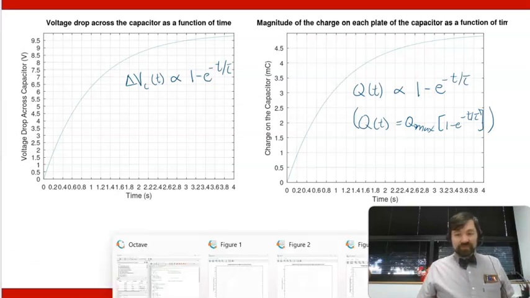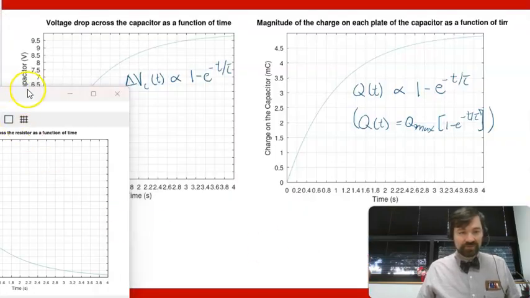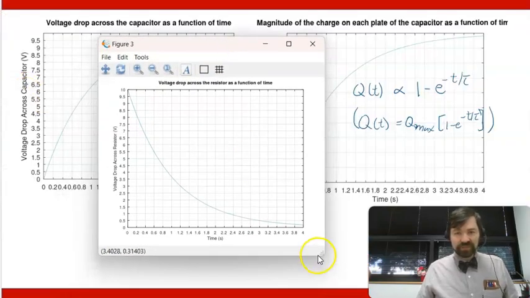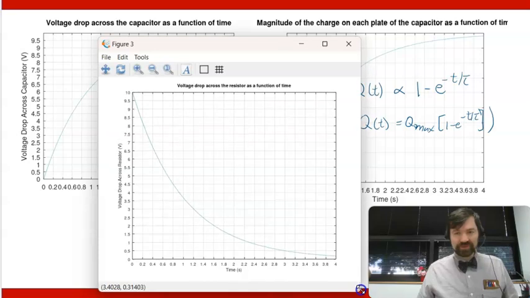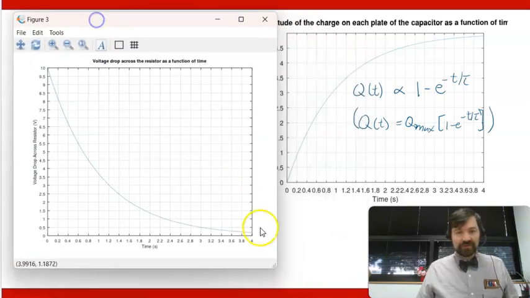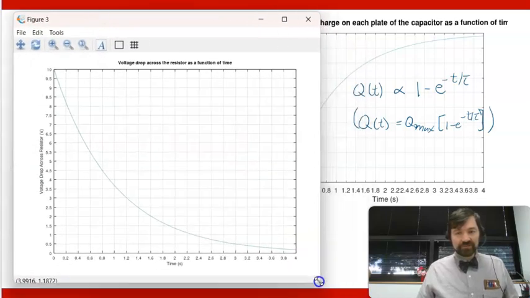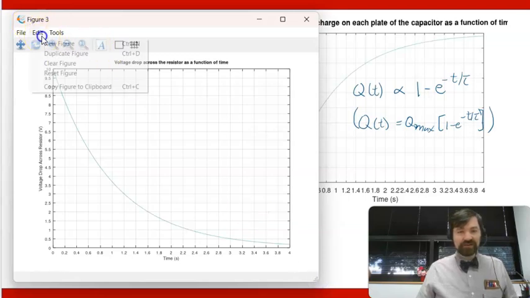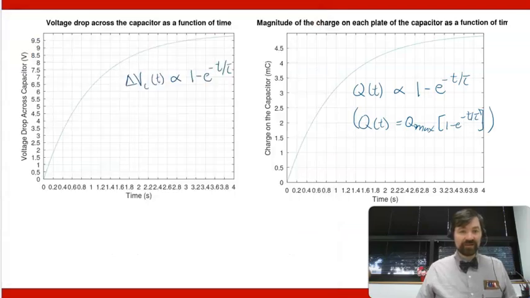And then we can also look at the other graphs. So this one right here is voltage across the resistor as a function of time. And you'll notice that it's a more obvious exponential decay. It turns out all three that I've shown so far are actually exponential decays.